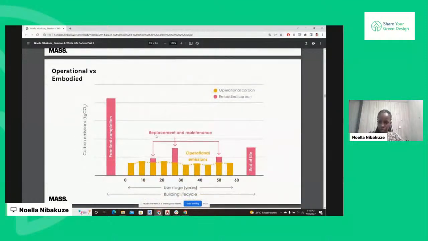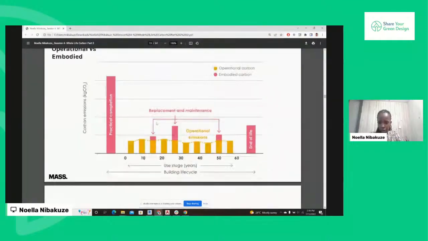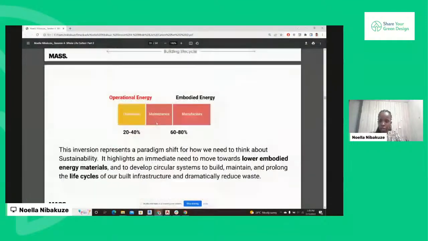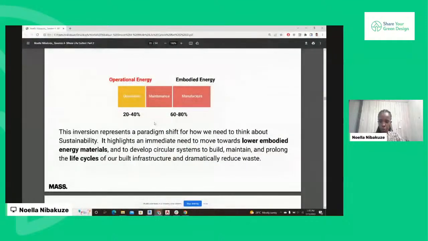So as you can see on this graph, embodied carbon in pink is quite high at the beginning of construction and to the end of when the buildings start being in use, and then also throughout the building for replacement and maintenance, and also end of life, where we realized that actually this inversion represents a paradigm shift on how we need to think about sustainability.